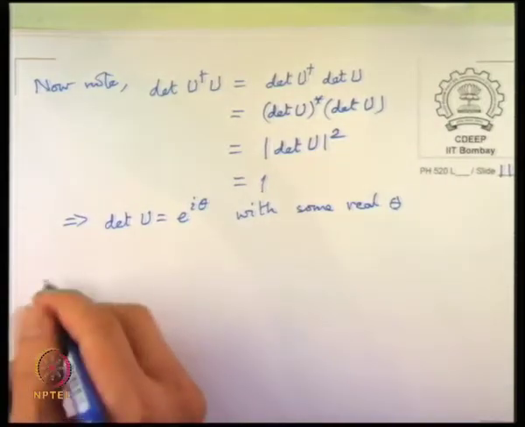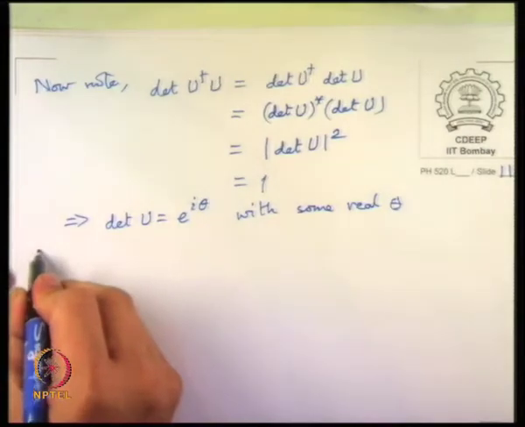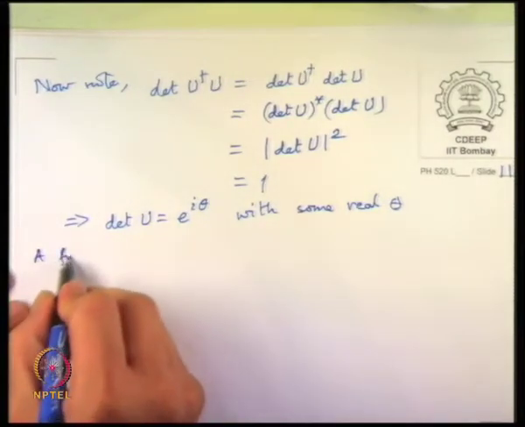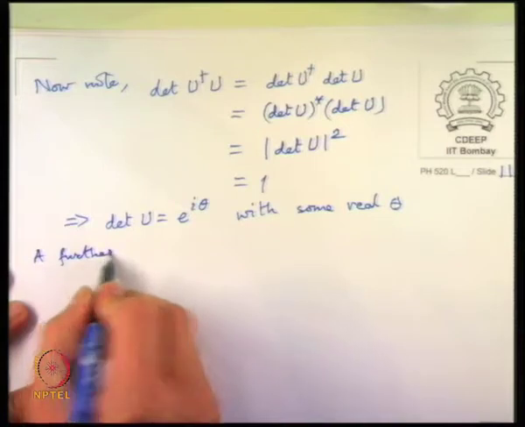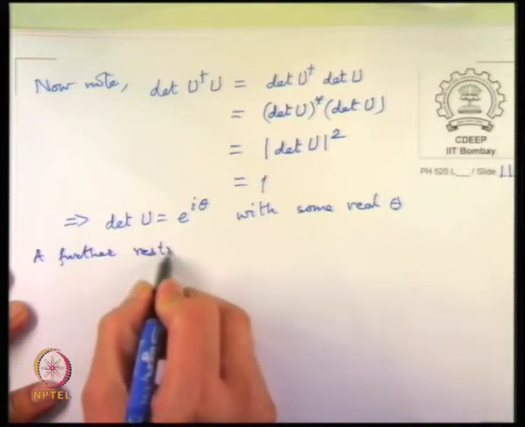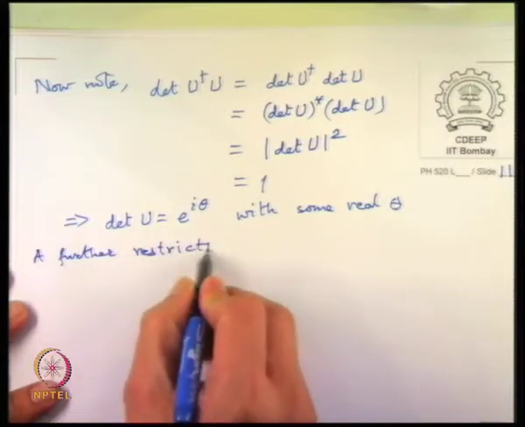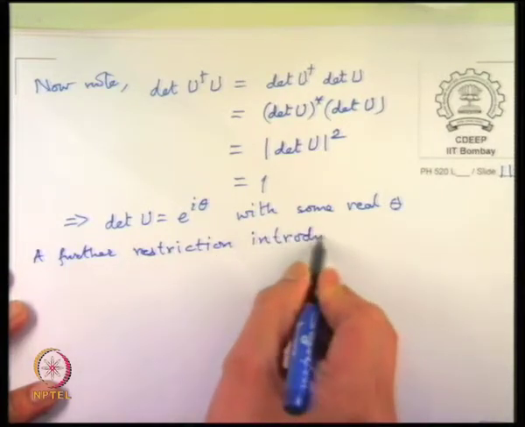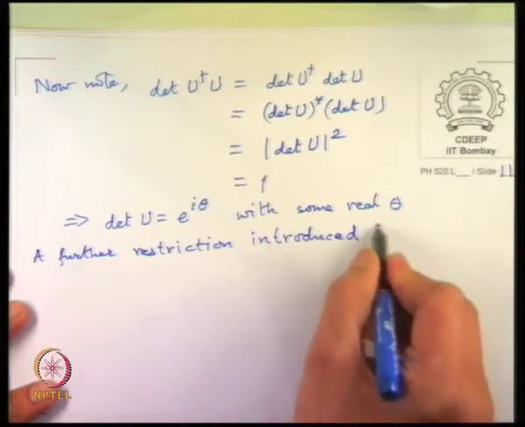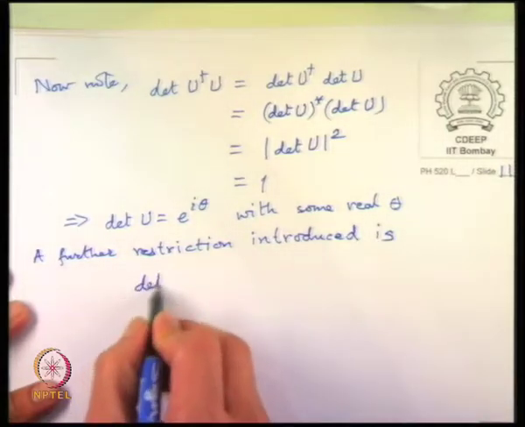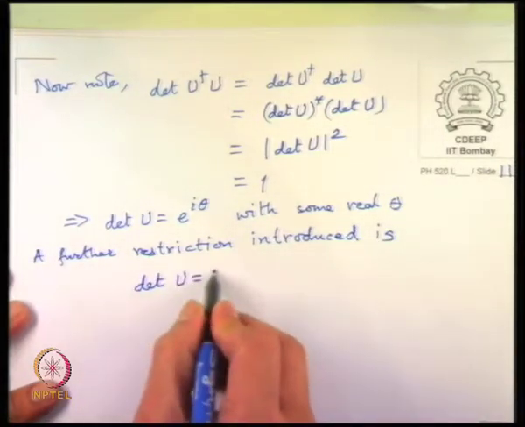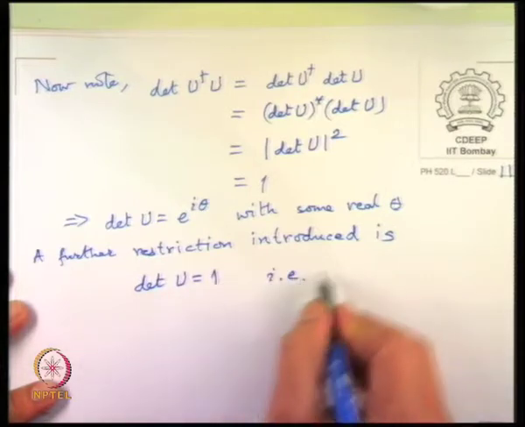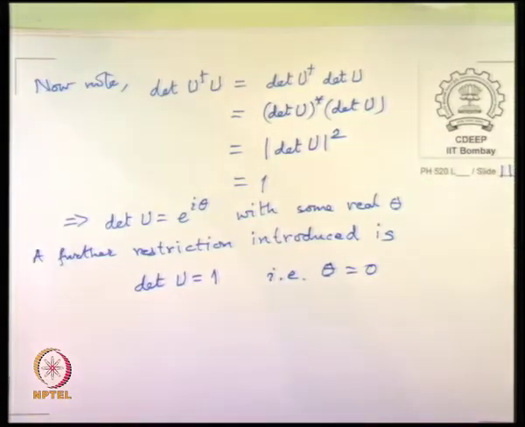To restrict this, demand that determinant u equal to 1, i.e. theta necessarily equal to 0. This is then called special unitary group.